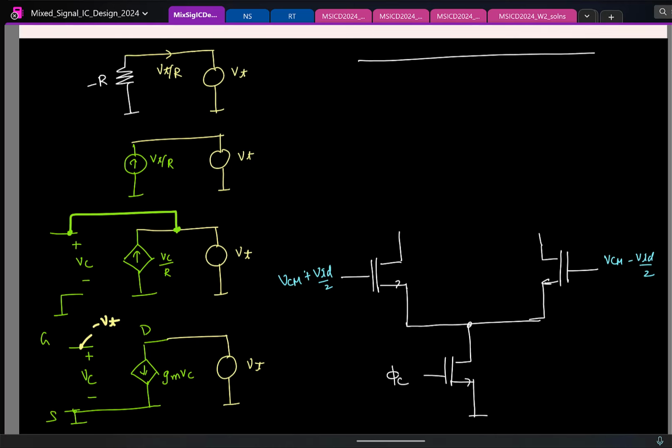PMOS. I'll use a PMOS like this. I'm using PMOS here, remember, because the source has to be incrementally ground. If I use an NMOS, that won't be the case. If I use an NMOS, the source will come here and get connected here, that won't get incremental ground. Okay. I connect PMOS. So let us say I go and do this. Hold on, let me align this.